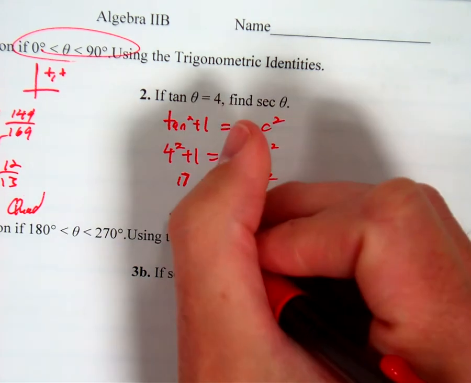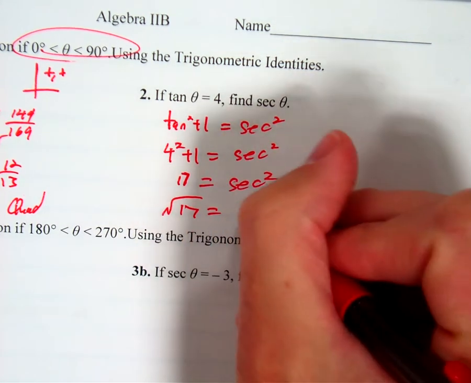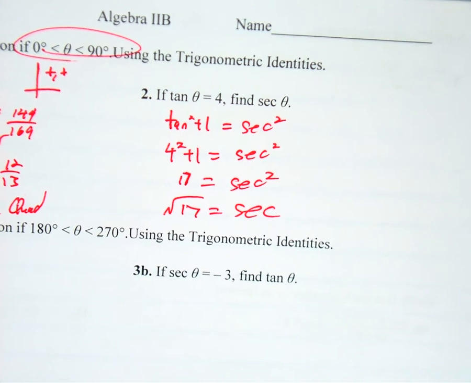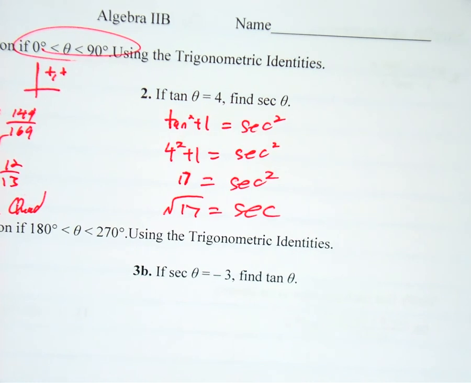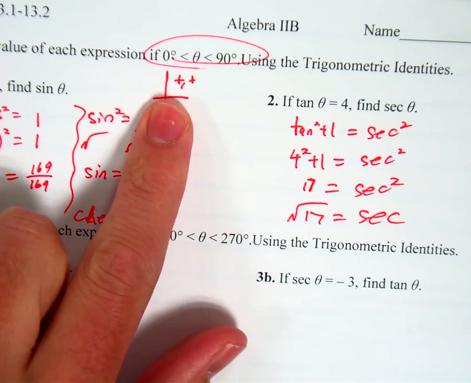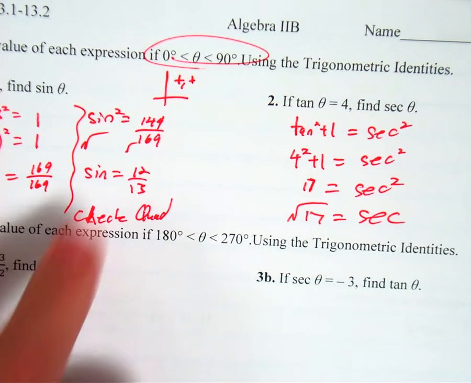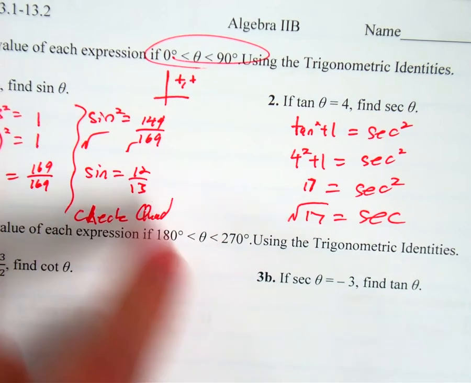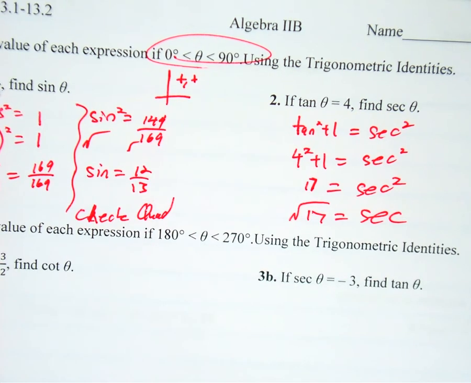Square root equals secant. Okay, now, secant is related to cosine. We're in quadrant 1. Cosine's positive. Remember, cosine is the x-coordinate here. It's the first one. So positive, so secant's going to be positive as well. We're good.